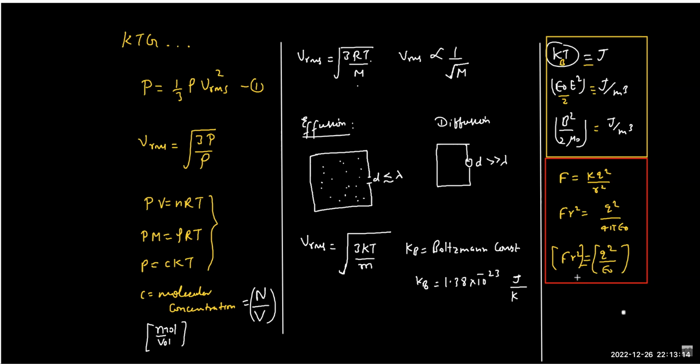You have to keep in mind that once you get something in joule, it becomes FR. Once you get something in density, it is FR by R cube. You can think this way. So it's easy to convert things into force, and then easy to write things. Dimension calculation doesn't need you to substitute each and every bit of it.